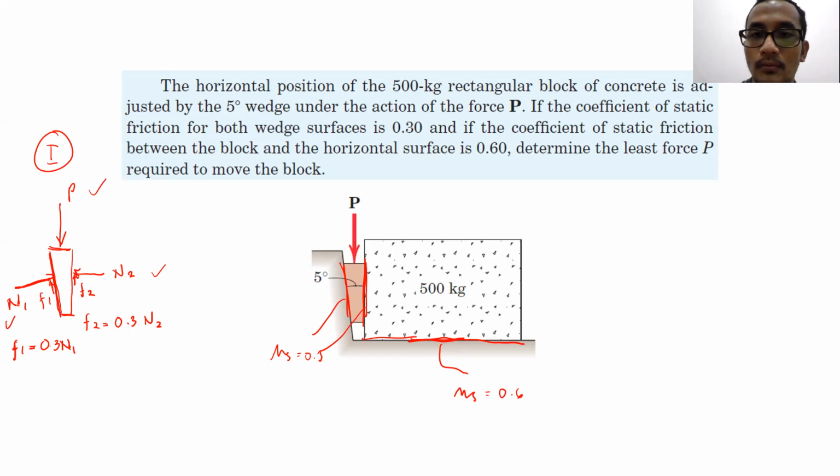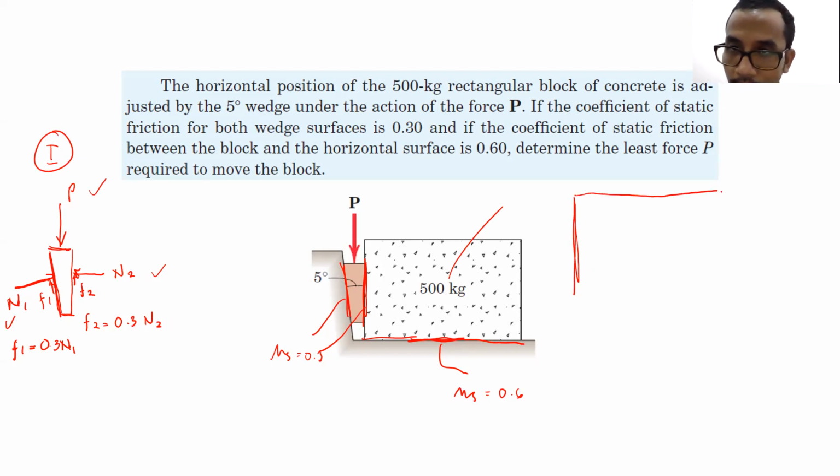Then in the second free body diagram, we have to draw the weight. If we want to draw the weight, there will be the weight of 500 kilograms multiplied by g.